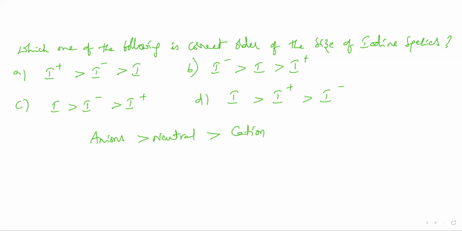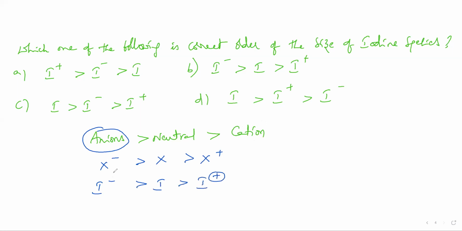This is the order you should remember. So according to this order, X minus is greater than neutral, which is greater than X plus. Now you place any species in this order. Here we are considering iodine. So the order will be I minus greater than I greater than I plus.